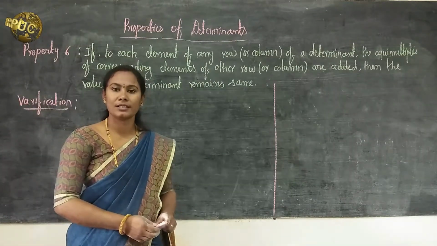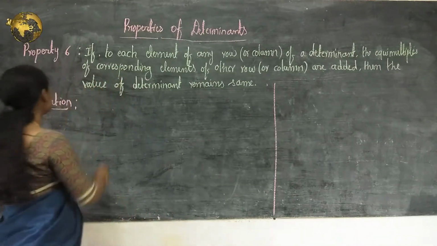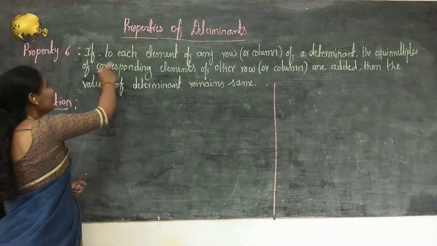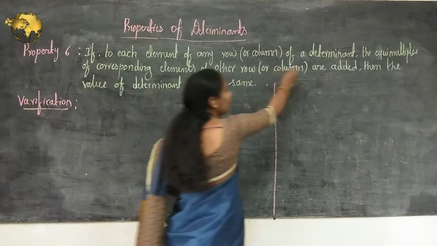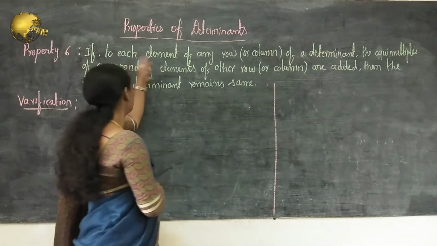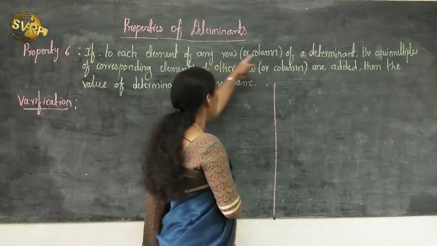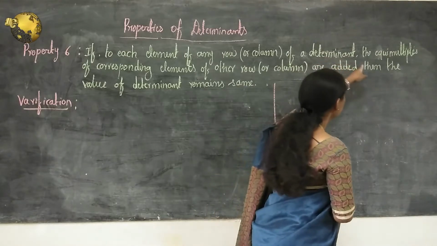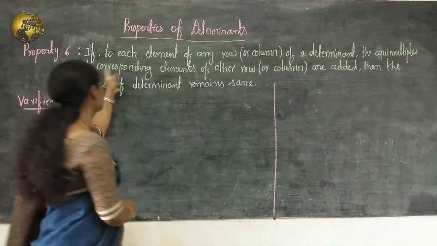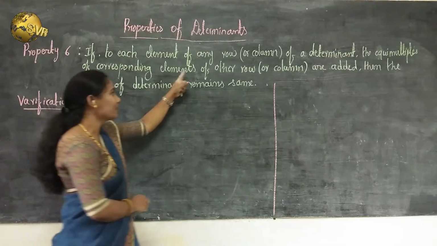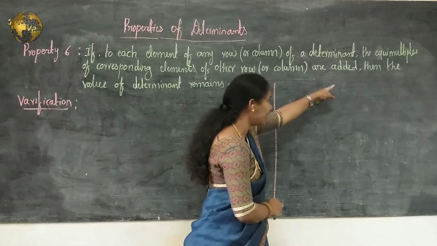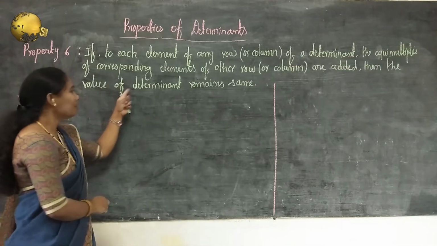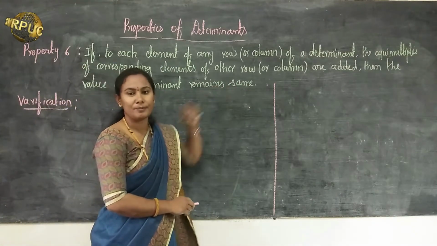Let me move to the sixth property. The sixth property says that if to each element of any row or column of a determinant, the equi-multiples of corresponding elements of other row or column are added, then the value of the determinant remains the same.